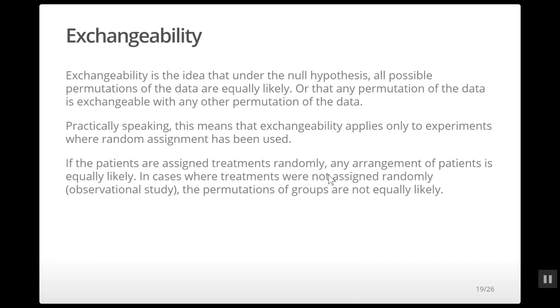So if you have 50 people lined up, and you're going to assign the first 25 to be group A and the last 25 to be group B, the order of those 50 people could be randomized.